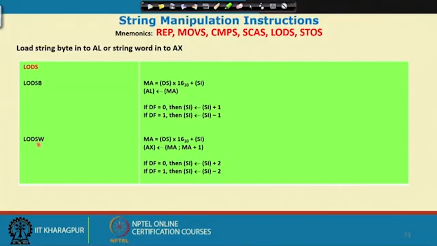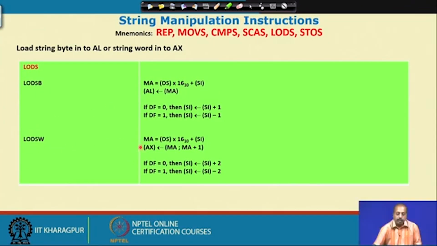Similarly, we have LODSW. Here it is doing the same operation, where it is loading into the AX register the memory location content pointed to by MA and MA plus 1.